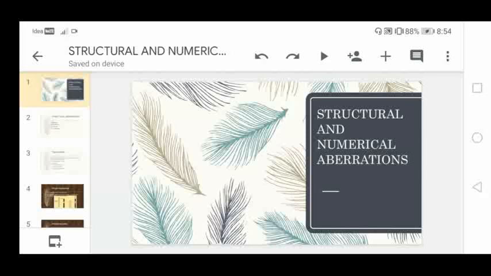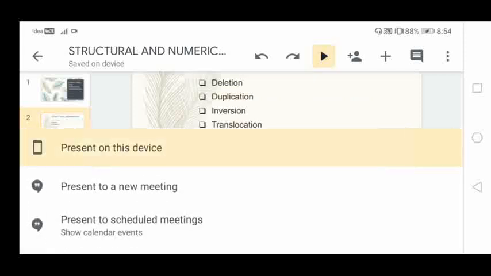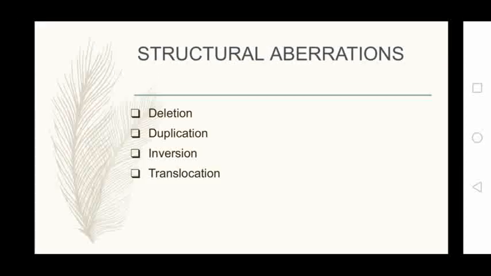So we have completed some of the structural elaboration and let's complete the structural and numeric elaborations. So we have already completed three types of structural elaborations.